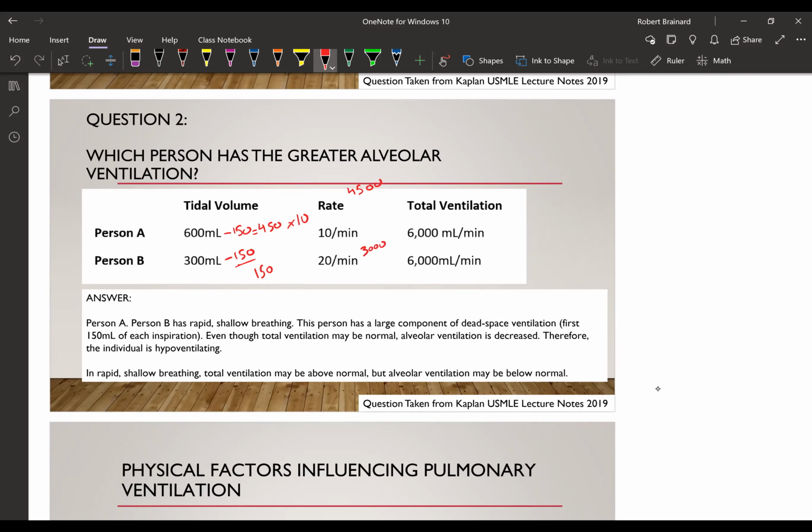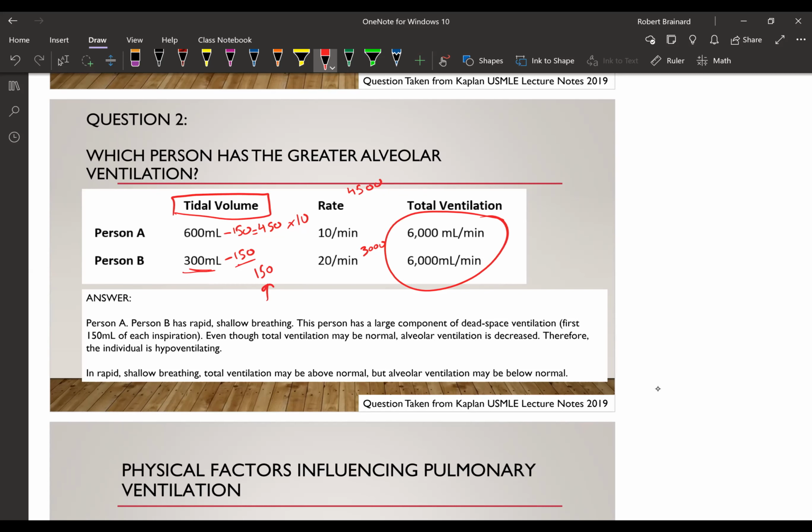If you look at the amount of air that someone is getting to their alveoli, they might have the same total ventilation, but when you calculate dead space in and look at their tidal volumes, if their tidal volume is only 300 mils, dead space is effectively half of that, because their dead space is the same as anybody else's.